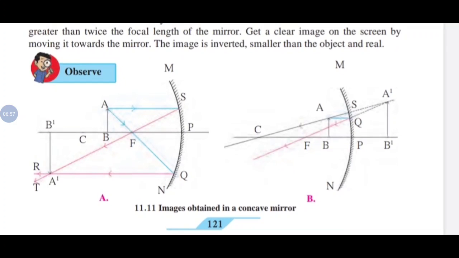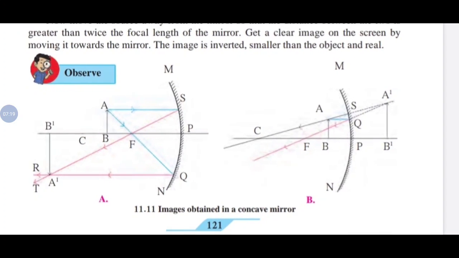It is an inverted image, as A dash is at the bottom point, and that's why it is inverted. Then it is magnified, that is enlarged, larger than AB. So an inverted image is always a real image. Clear, all of you? Next, the reflected rays really intersect each other. Next one.